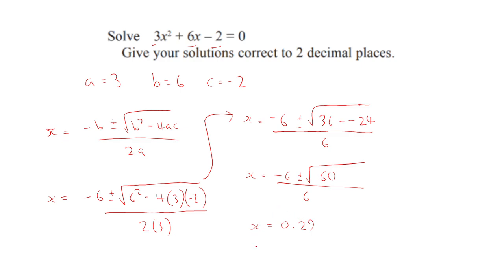And when you subtract that root 60, minus 6 minus root 60 all over 6, you get minus 2.29 to 2 decimal places. So those are your two solutions. So that's the most kind of standard and common quadratic equation you get there.